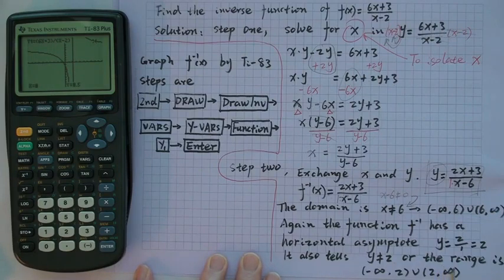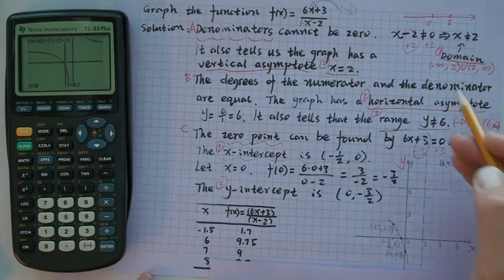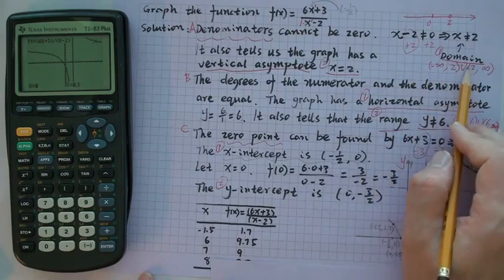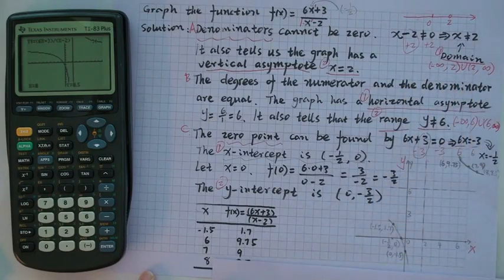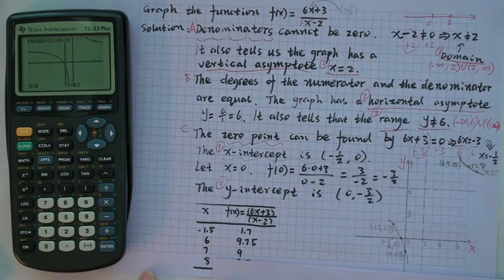So basically you can see here the domain is not 6, the range is not 2, which is opposite to the previous one. Previously the domain cannot be 2 and the range cannot be 6.